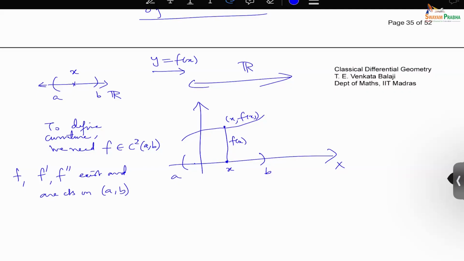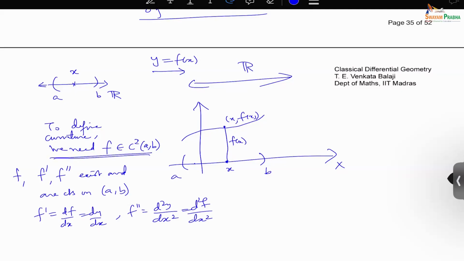Where f dash is df by dx, which is actually dy by dx if you want, and f double dash is d squared y by dx squared, which is the same as d squared f by dx squared. And so we need f to be second continuously differentiable. That is one condition.